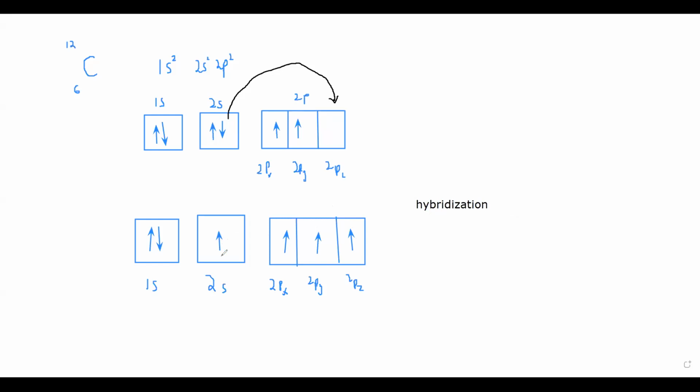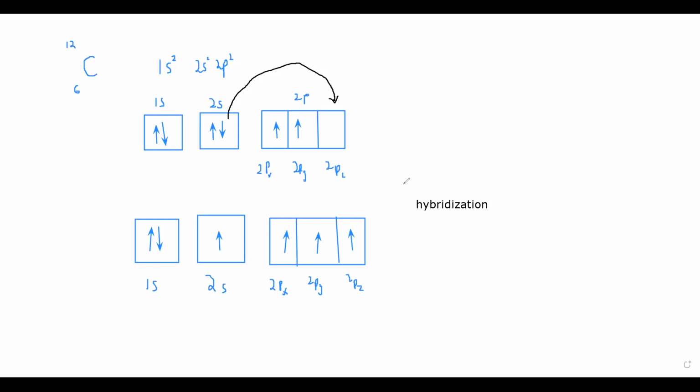So now 4 orbitals are available, like 4 electrons are available. One electron belongs to s, then 2px, 2py, and 2pz. That's why carbon can form 4 bonds. So for carbon, the hybridization happened, the electron jumps from the 2s orbital to the 2p orbital, and we have electrons singly available which can form a bond.